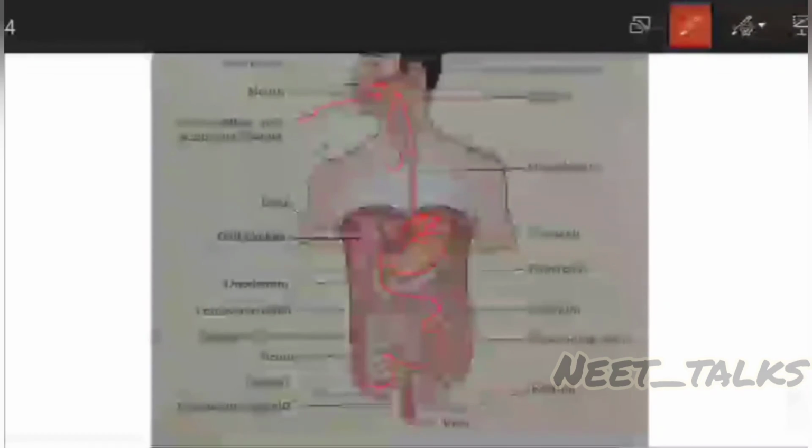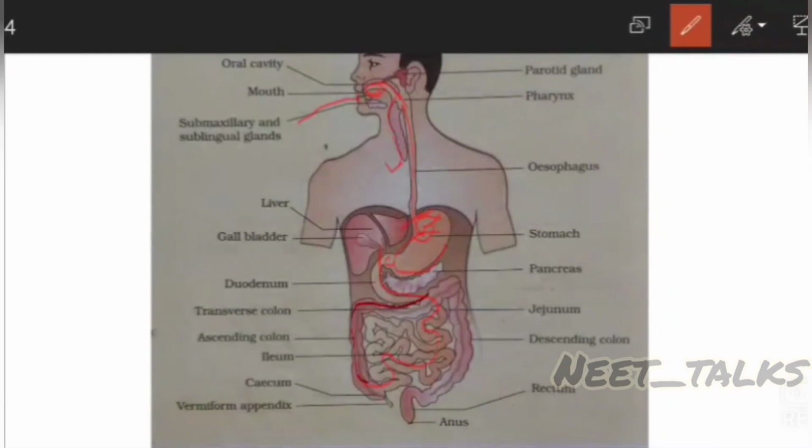Then it enters the cecum, then the ascending colon, transverse colon, descending colon, sigmoid colon. In this colon, that is the large intestine, what happens? The absorption of the water occurs, and mucus is secreted and mixes with the undigested food particles.